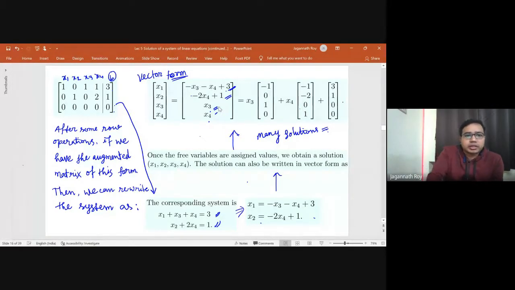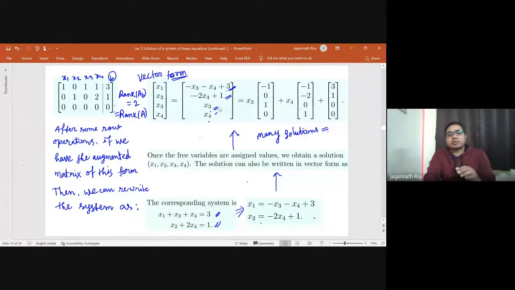Now, if you look at the rank of the augmented matrix, it is 2. Here also the rank of the coefficient matrix is 2. But it can go maximum of 3.